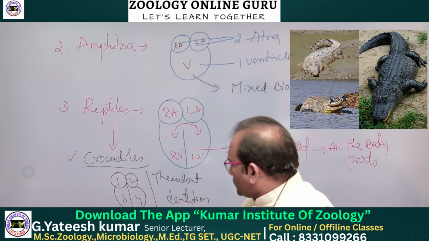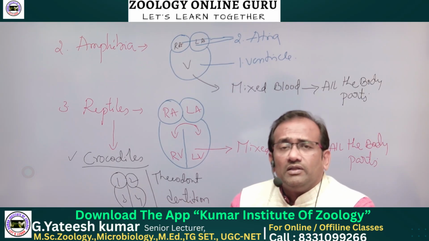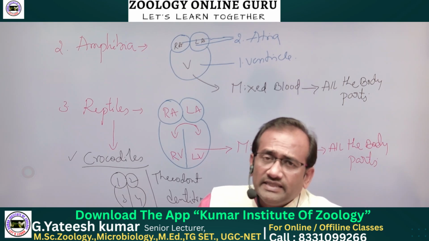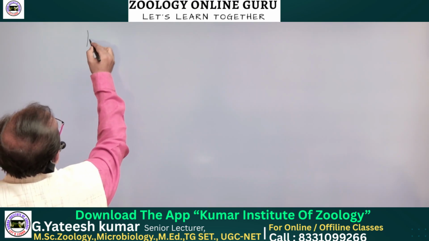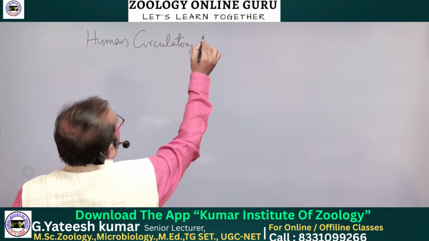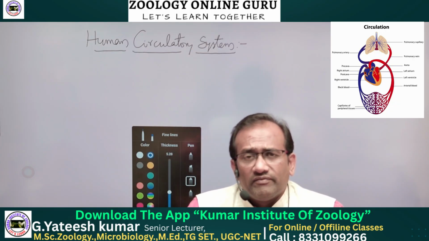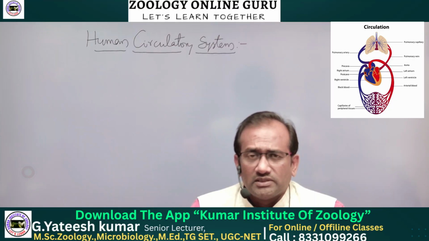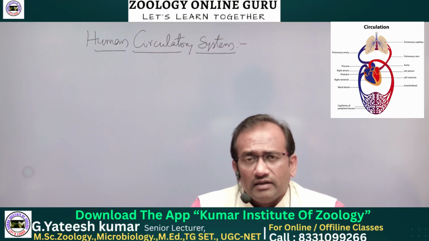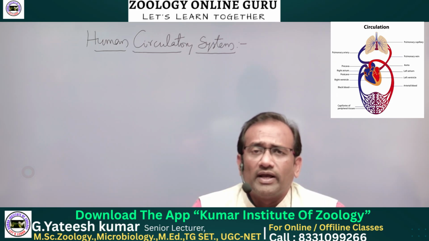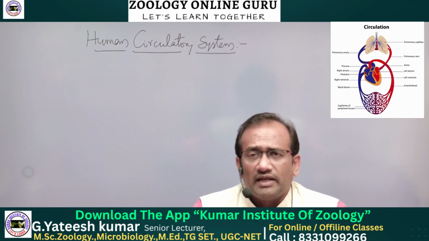So after this topic, we have to discuss the human circulatory system. Next topic is human circulatory system. In the human circulatory system, we have the completely divided 4-chambered heart and the blood, arteries and veins. Heart, blood and blood vessels are collectively known as the human circulatory system.